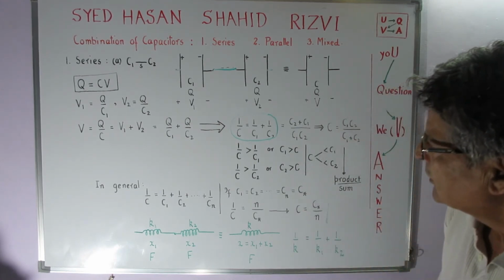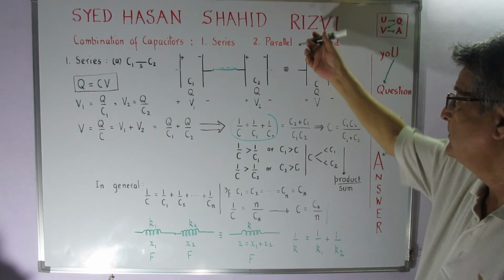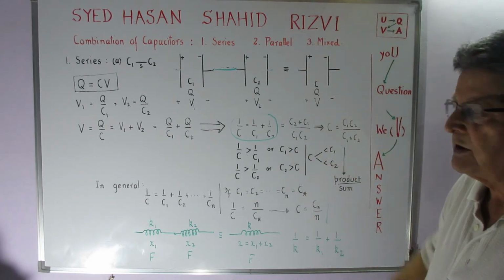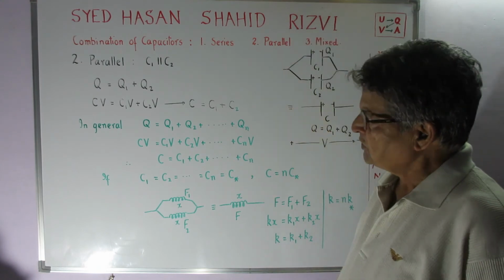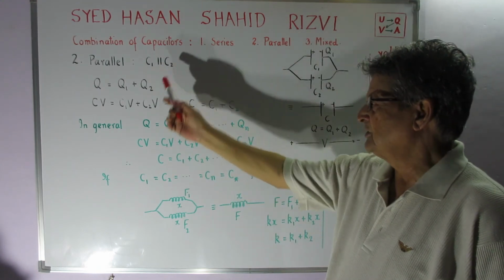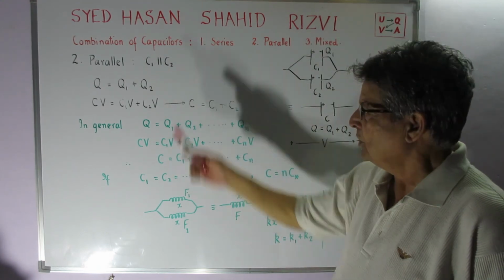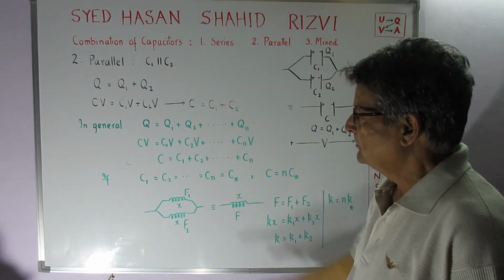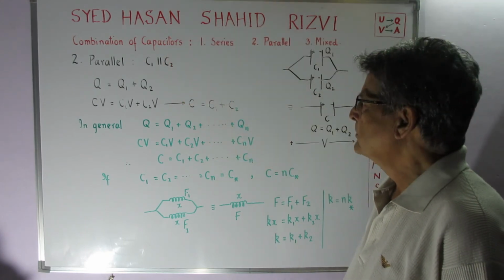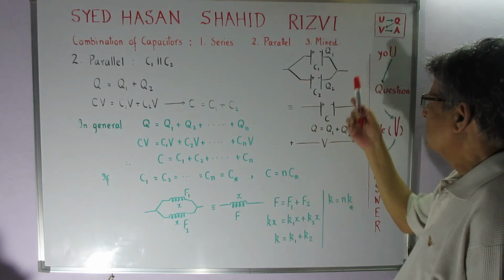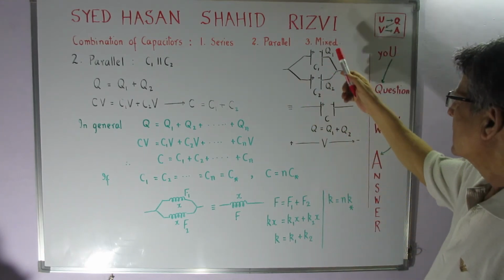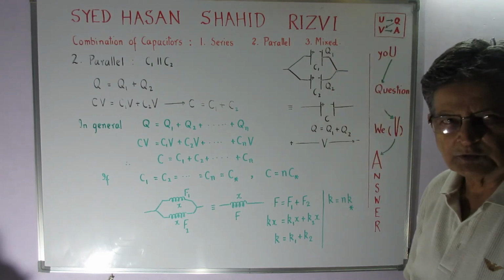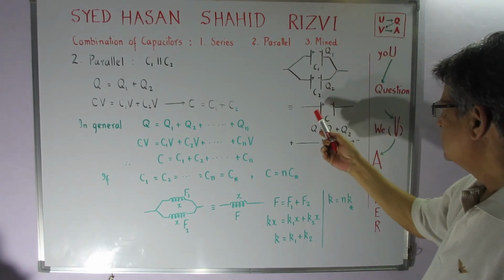Okay. So next, I take up the capacitors in parallel. So the next item is the parallel combination, and I'm combining first of all two capacitors C1 and C2 parallel to each other. Okay, this is indicative of parallel. So they are like this: C1 and C2, Q1 and Q2, two charges, and the equivalent.